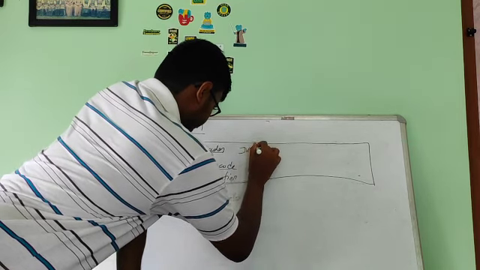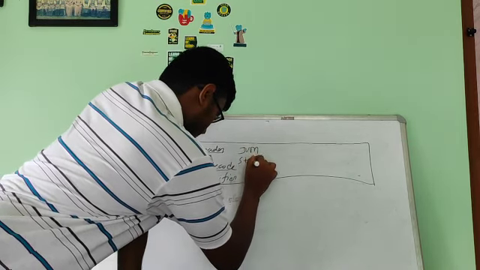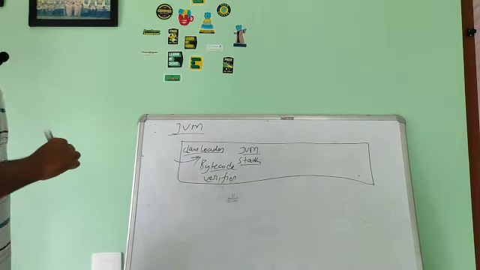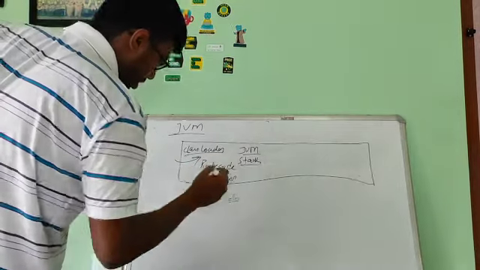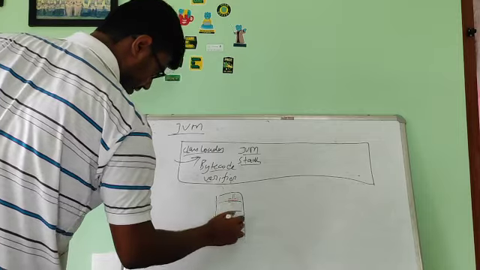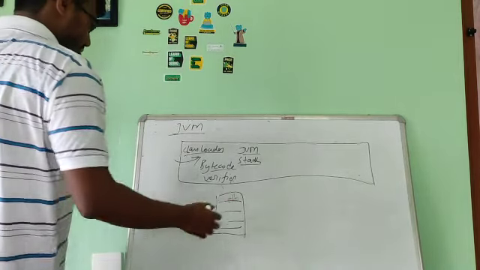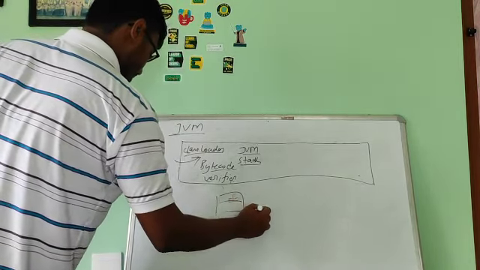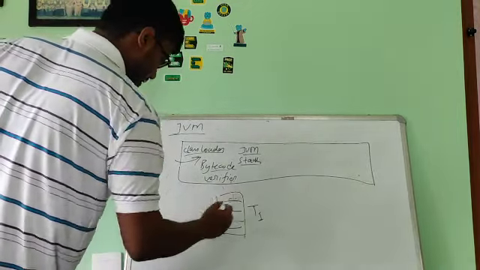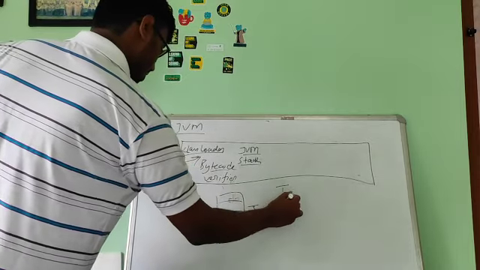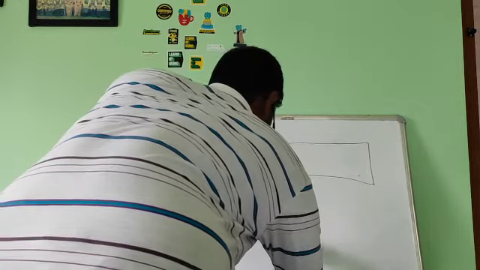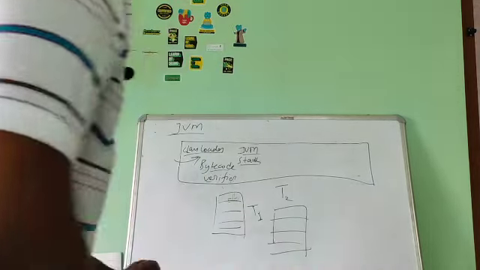And the next one is JVM stack. This is important. So what is JVM stack? JVM stack is like this. Once you run a thread, this is T1. This is a thread. There is another thread, that is T2. This is T2 thread.